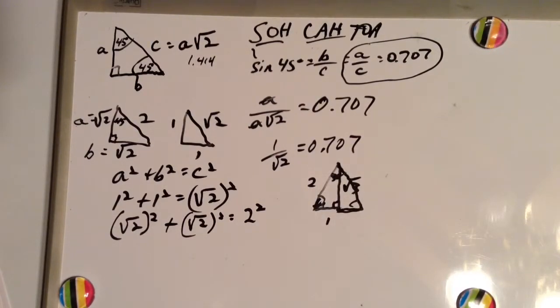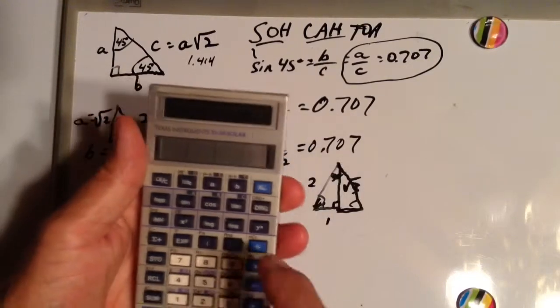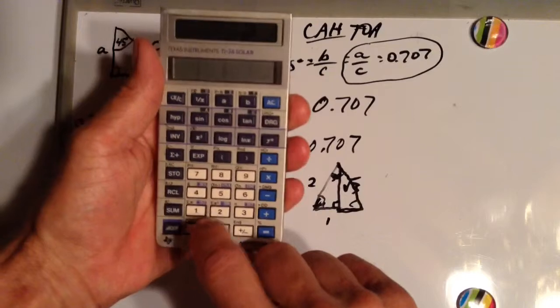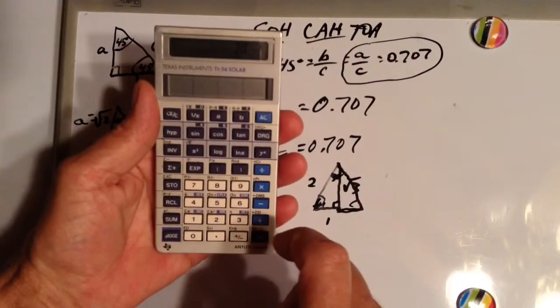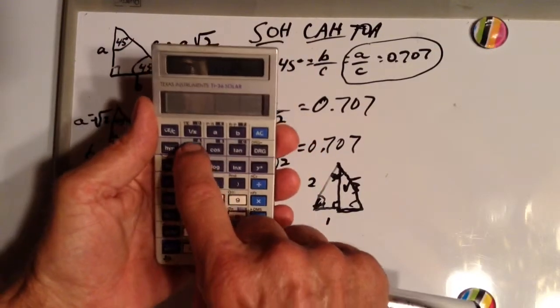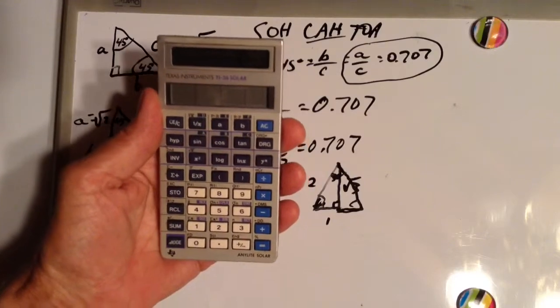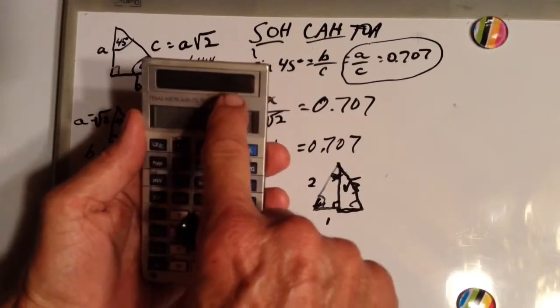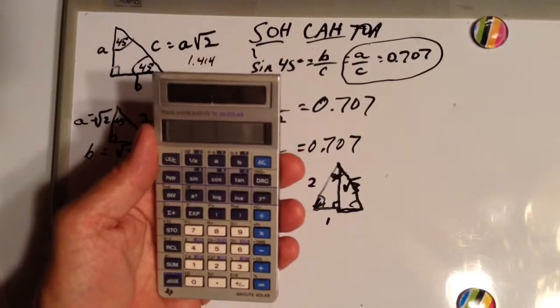Okay, let's use SOHCAHTOA to check this out. If you press the 3 and 0 buttons on your calculator, and then press the sine button, the screen will read 0.5.